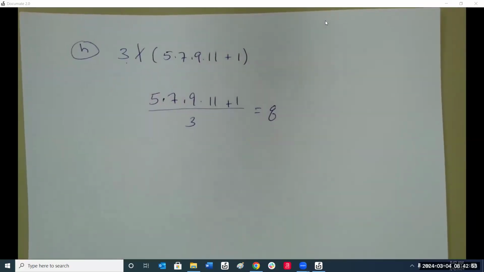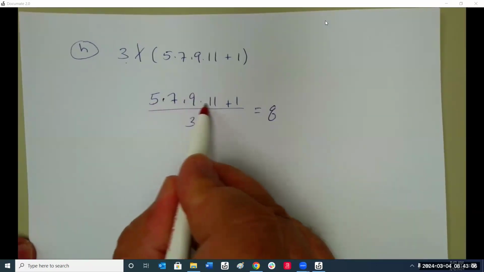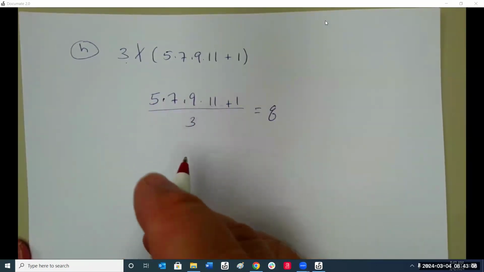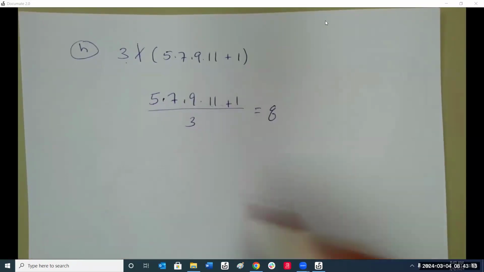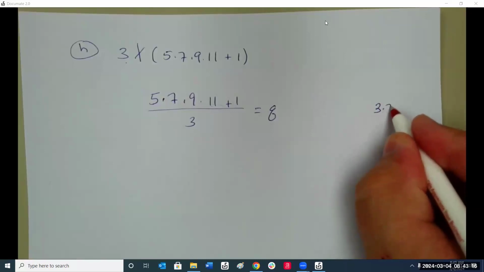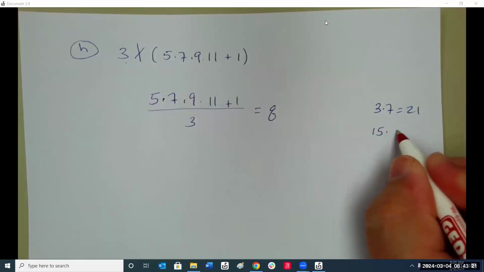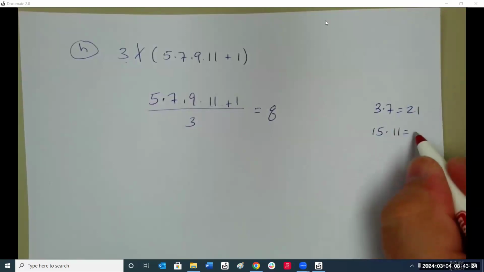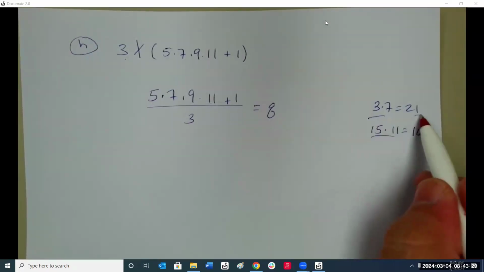Does 3 go into even numbers? 6, 12, only some of them. But the product of all of these odd numbers is going to be what? Odd or even? Whenever you multiply two odd numbers, you get an odd answer.